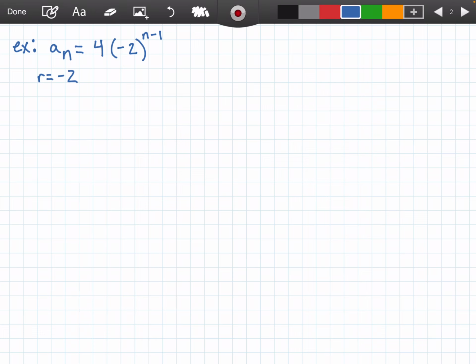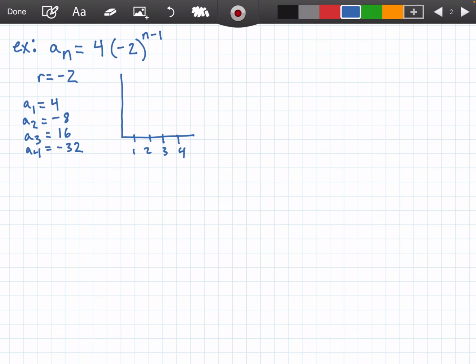Well, with a negative number, if you were to graph this, a1 is 4. a2 is -8. a3 is +16. a4 is -32. So you see how this one is alternating?